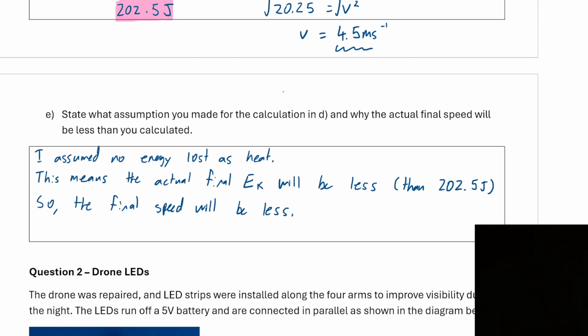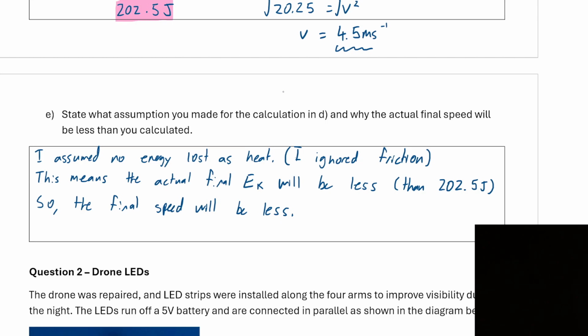Full stop. Now, this isn't a perfect answer because we haven't mentioned friction anywhere. So I assumed no energy loss as heat. In other words, I ignored friction or air resistance.